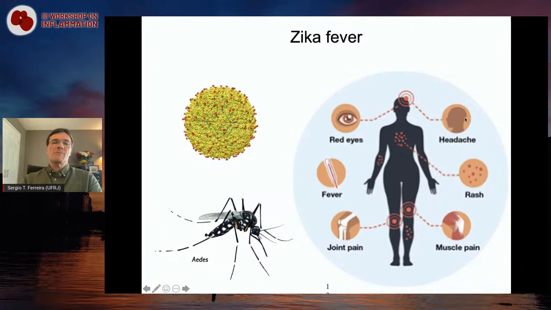For example, patients affected by Zika fever have pronounced and strong headaches. The fact that many organs, peripheral organs and the CNS are affected is indicative of a relevant role of a cytokine storm in this.